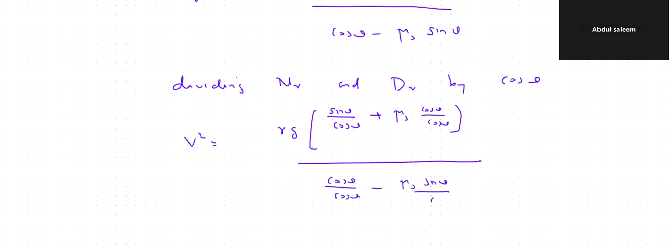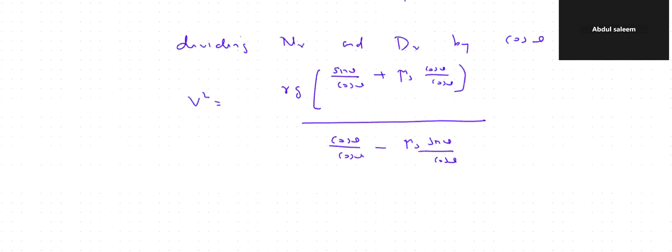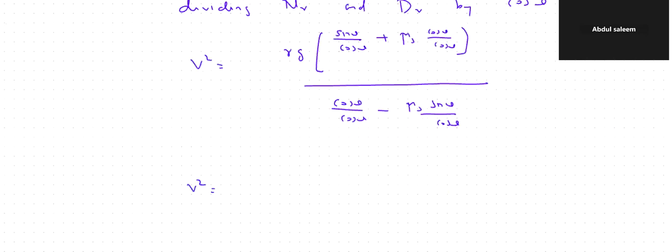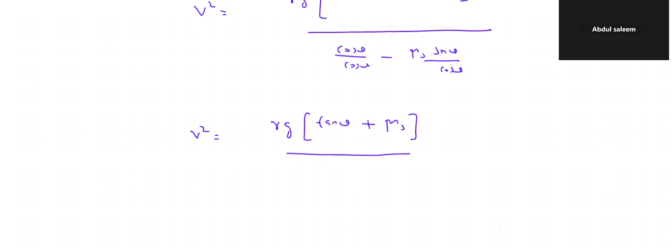Sin theta by cos theta is tan theta, and cos theta by cos theta becomes 1. So v square equal to r g into tan theta plus mu s, divided by 1 minus mu s into tan theta.